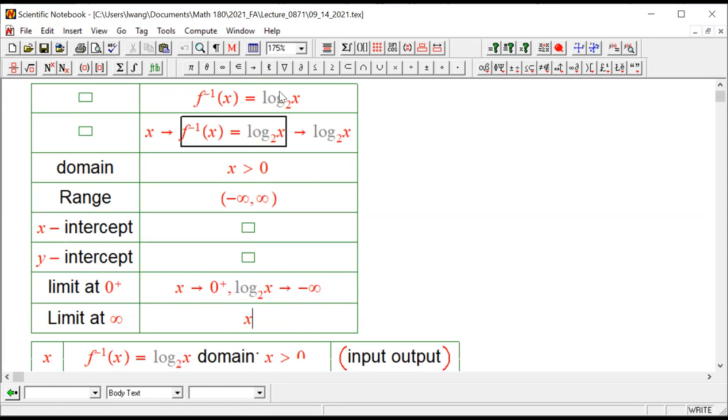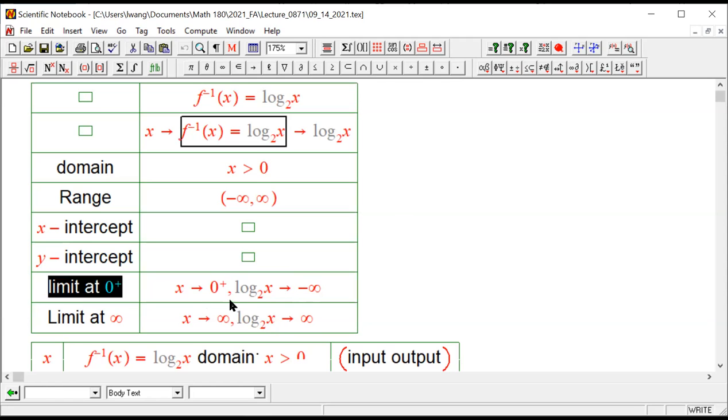The next one is easy: as x approaches positive infinity, log base 2 of x approaches positive infinity. These are kind of accessories. I don't have to teach you this, but I just give it to you as a bonus. You need these bonuses.